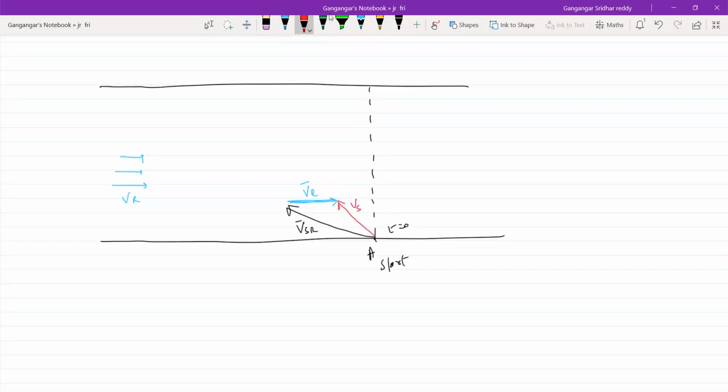I think this is a totally different situation, no? So look at the path I'm showing. This is A, this is B, this is C, this is the end point.